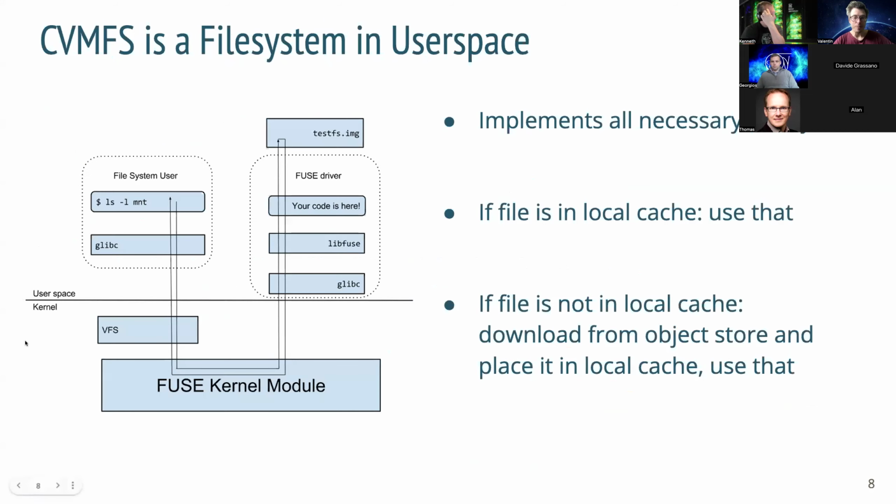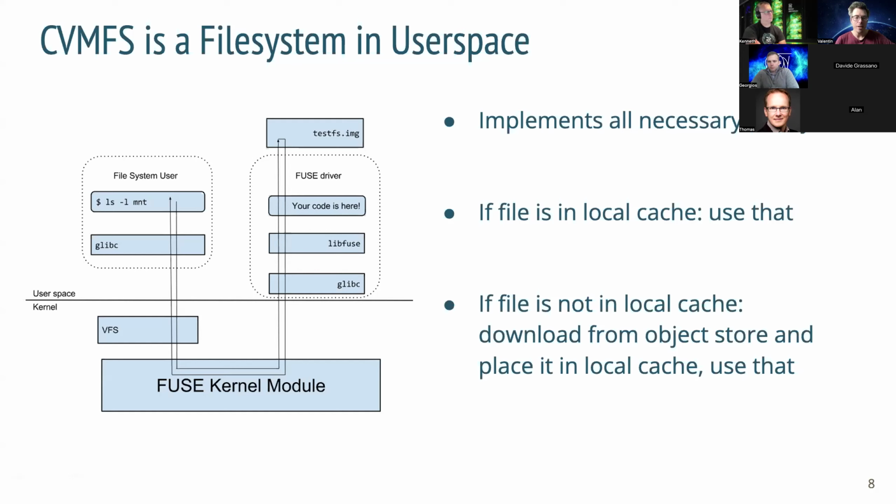All right. Just one more glance behind the scenes of CVM-FS here. So how do these file systems in user space work? Basically, we implement all of the necessary system calls that are being done on /cvmfs.